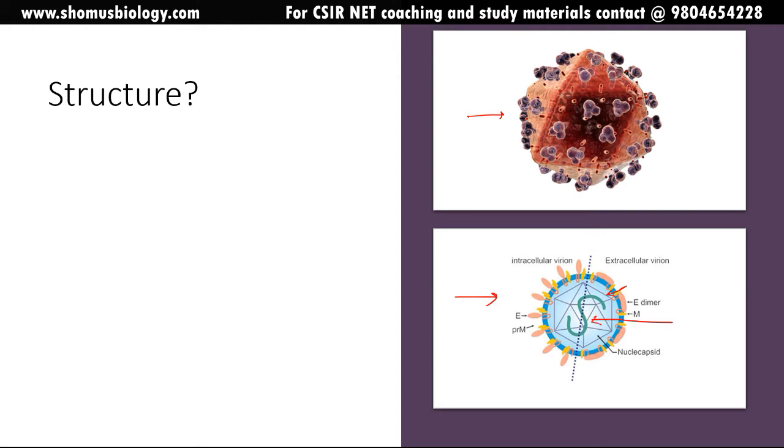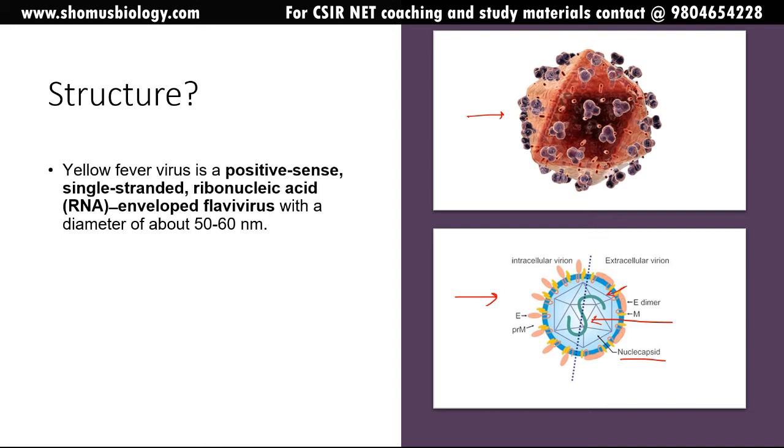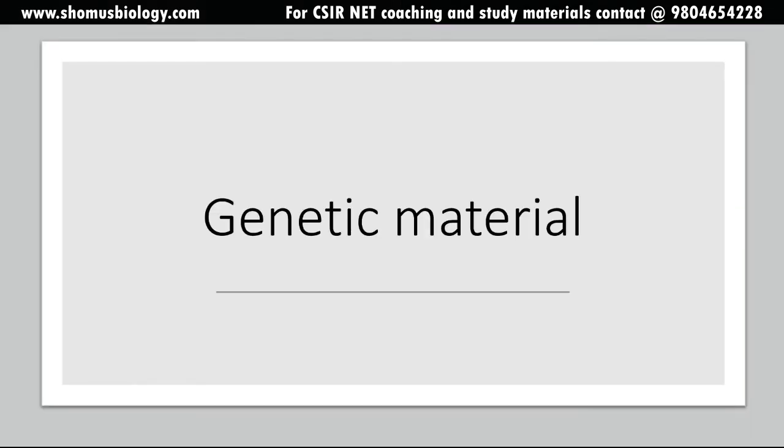The RNA and capsid together are known as the nucleocapsid, and the membrane surrounds it. It has a positive sense RNA strand and is an enveloped flavivirus with a diameter of 50 to 60 nanometers, so a small to mid size virus.